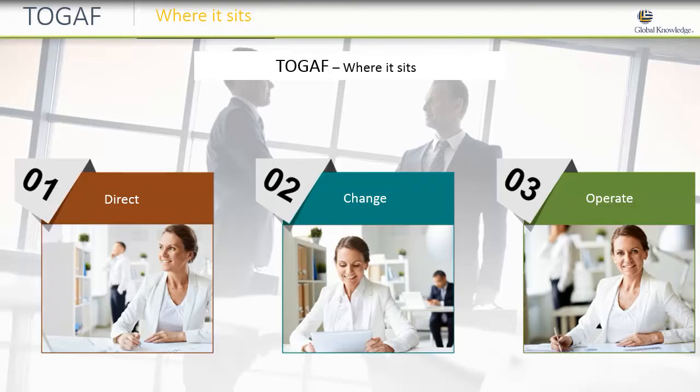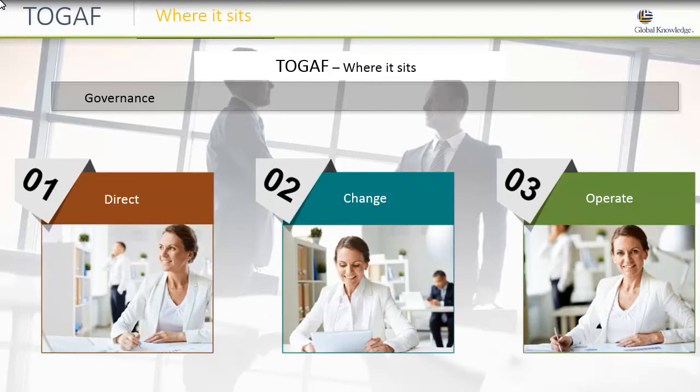So with most organizations subscribing to something that looks very much like direct, change, operate, there are a number of best practice areas that help us to do this. We start with governance, the rules, the policies that are driven down from the strategic area of the organization. And you'll have people concentrating in that area.